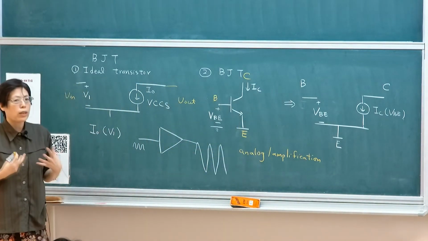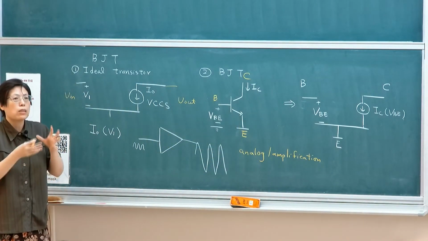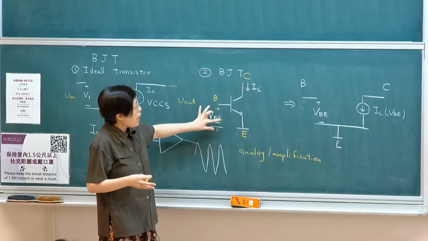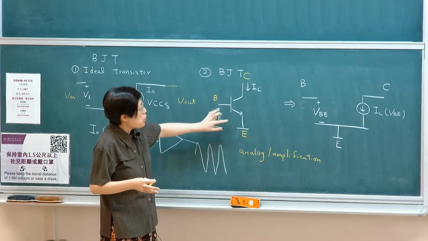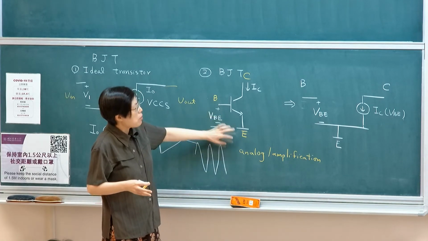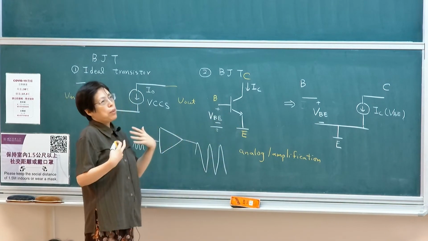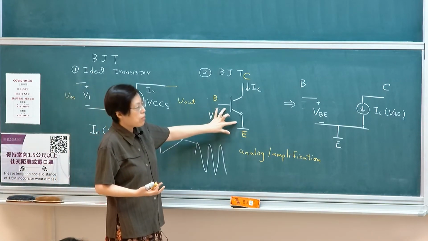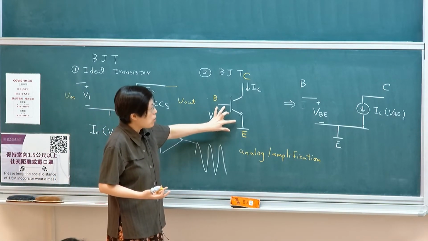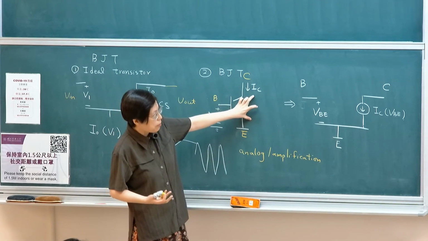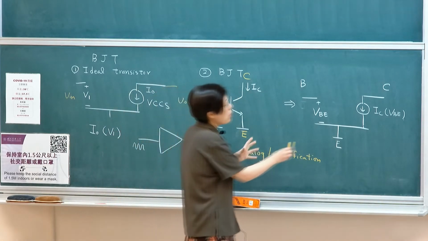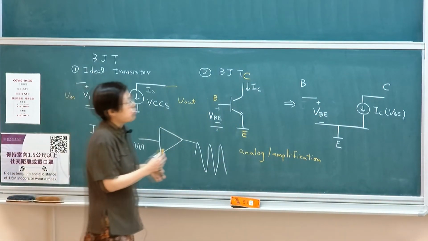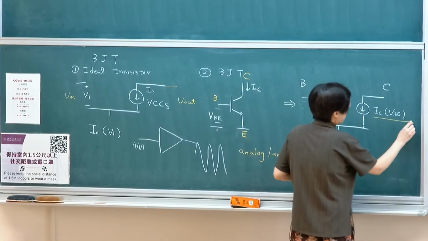Typically, if this device is used for amplification, what you want to achieve is that the modulated voltage across base and emitter, where the emitter typically refers to the ground, so your signal is coming in across VBE. Through this modulation, you want to modulate the collector current. Our subsequent analysis will allow us to establish this relationship.